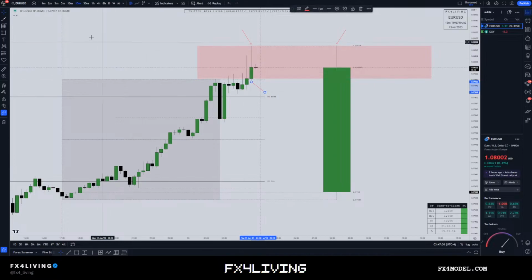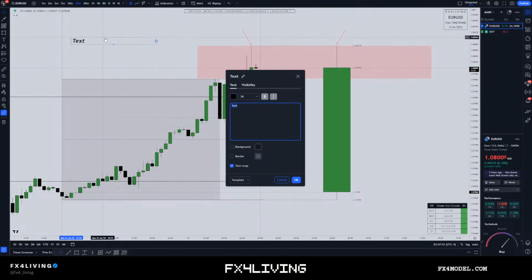So what I want to see, I'm going to type that right now. I want to see an M15 candle close bearish inside the range and break the previous low.